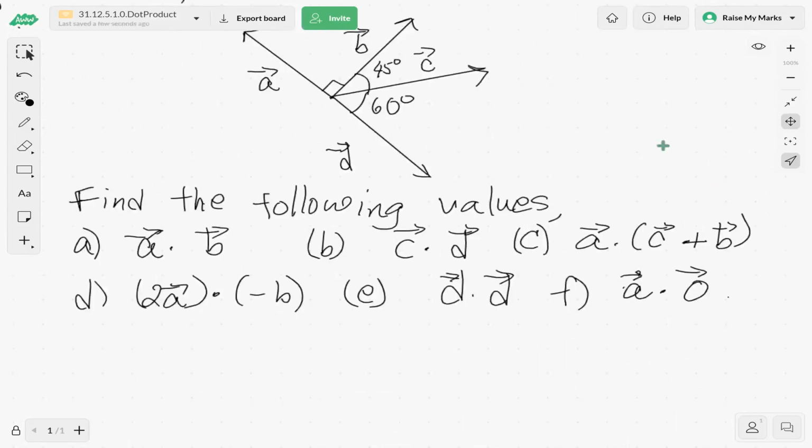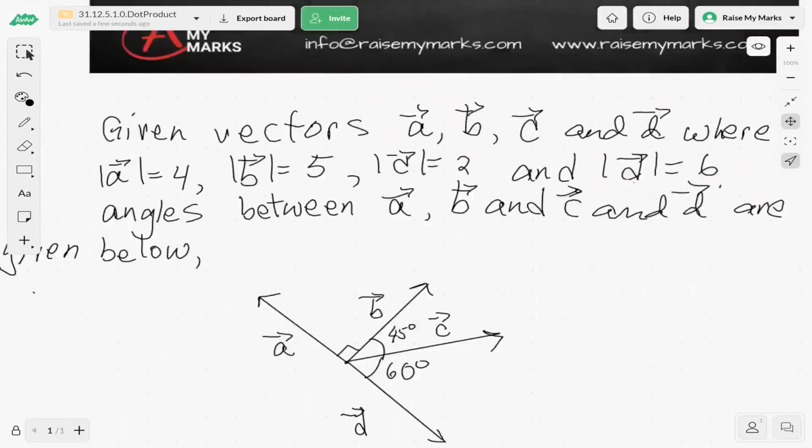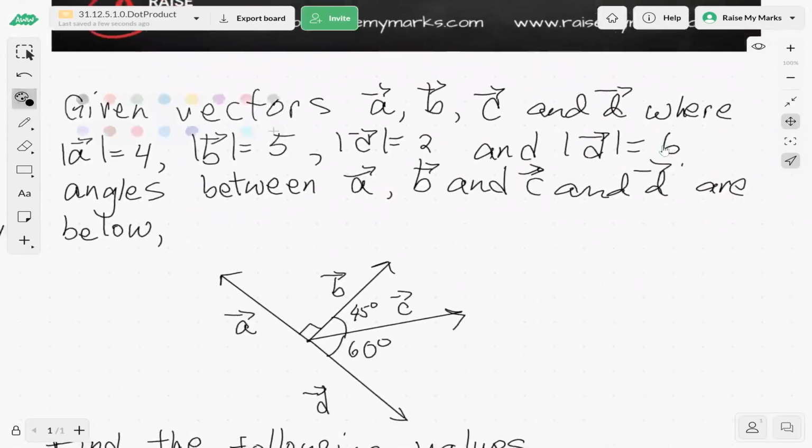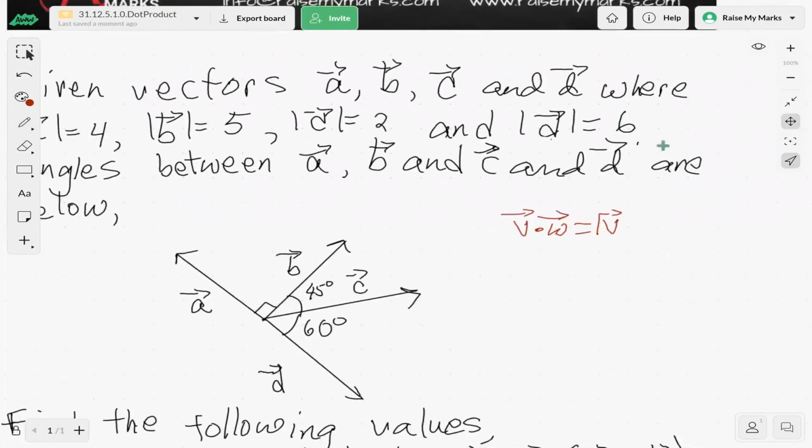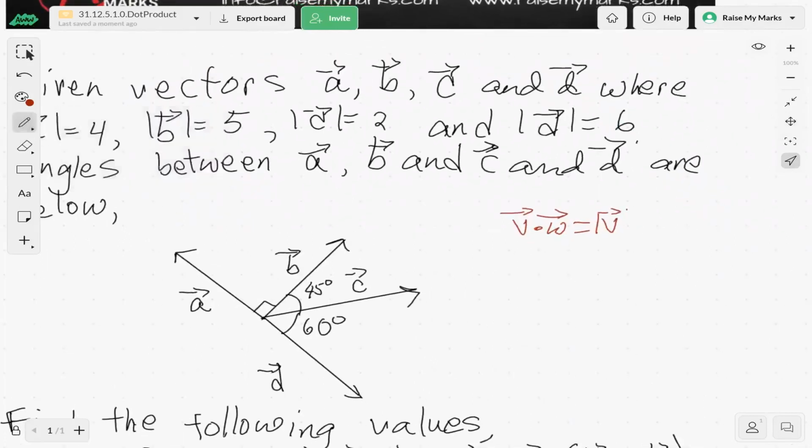Okay, all right. So first things first, what is the dot product, or how is it defined? For two vectors v and w, there's a couple of ways to define it, but for these particular exercises, we're going to use the magnitude of v times the magnitude of w times the cosine of the angle between v and w.